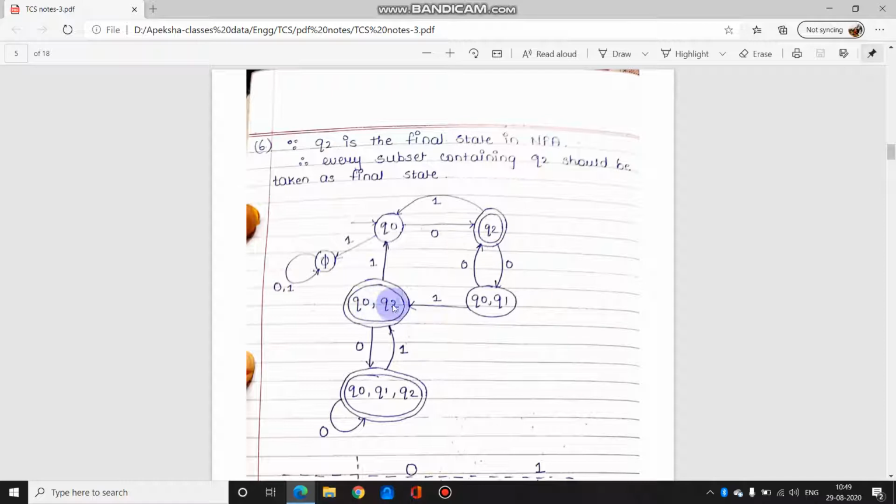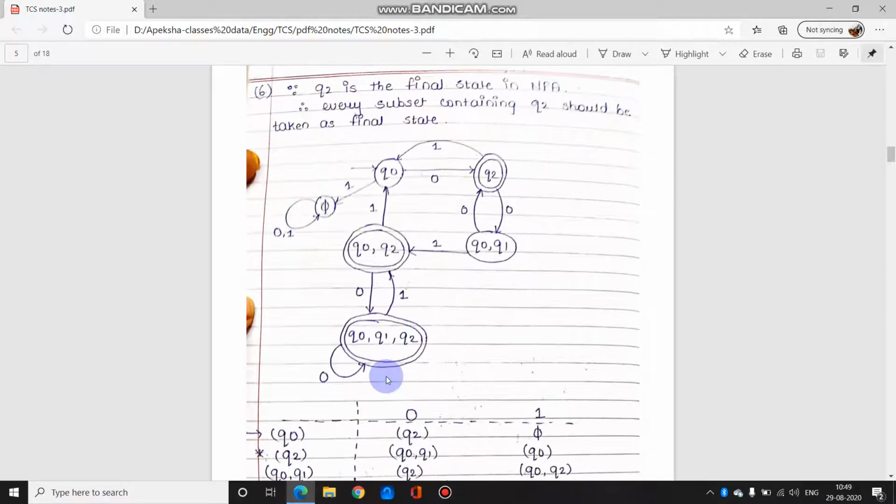So Q0 Q2 में Q2 है, so it again becomes final state. यहाँ पे भी Q2 है, तो this also becomes final state. So this is the final DFA which is मतलब which is what we say obtained from अपना NFA given.